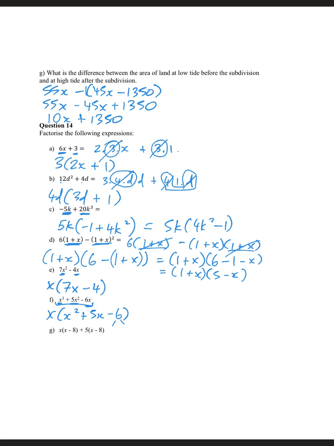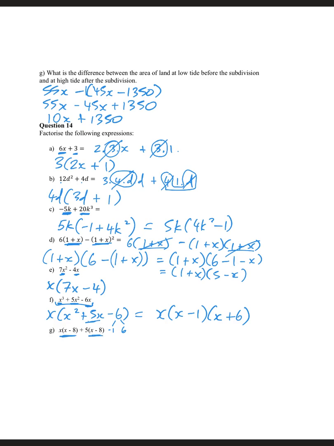I can times negative 1 and 6 together, and that adds up to positive 5. So that's also going to factorize to x, x take 1, and x plus 6.